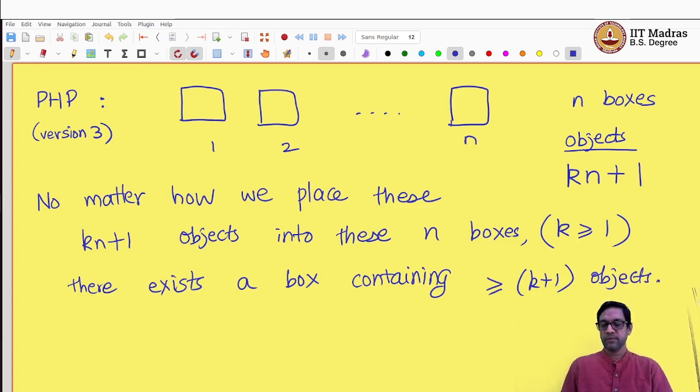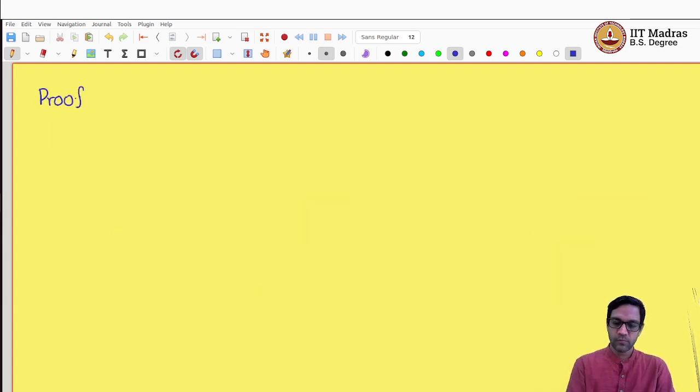Observe that the first version of PHP was really the case when k was equal to 1. In that case, I had n plus 1 objects, and I concluded that there is a box which has at least 2 objects. So let's prove version 3, which says that if I somehow place kn plus 1 objects into n boxes, then some box must contain at least k plus 1.